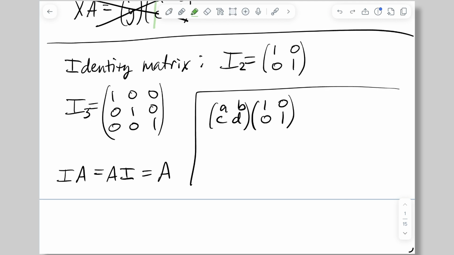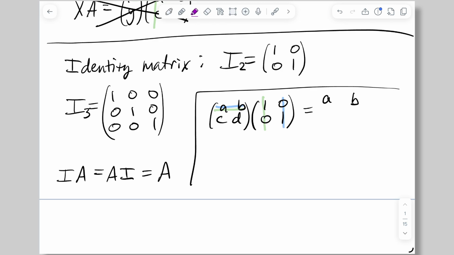We once again multiply the entries in the first row of the one on the left by the first column in the one on the right. A times 1 plus 0 times b is going to give me a. Doing the same thing with the entries of the first row on the left and the second column on the right, it's going to give me a times 0 plus b times 1.